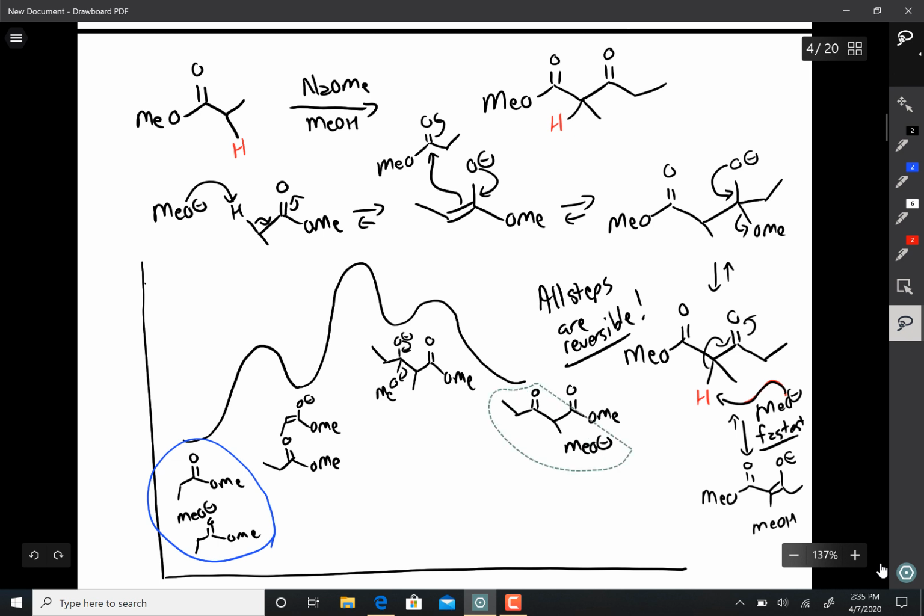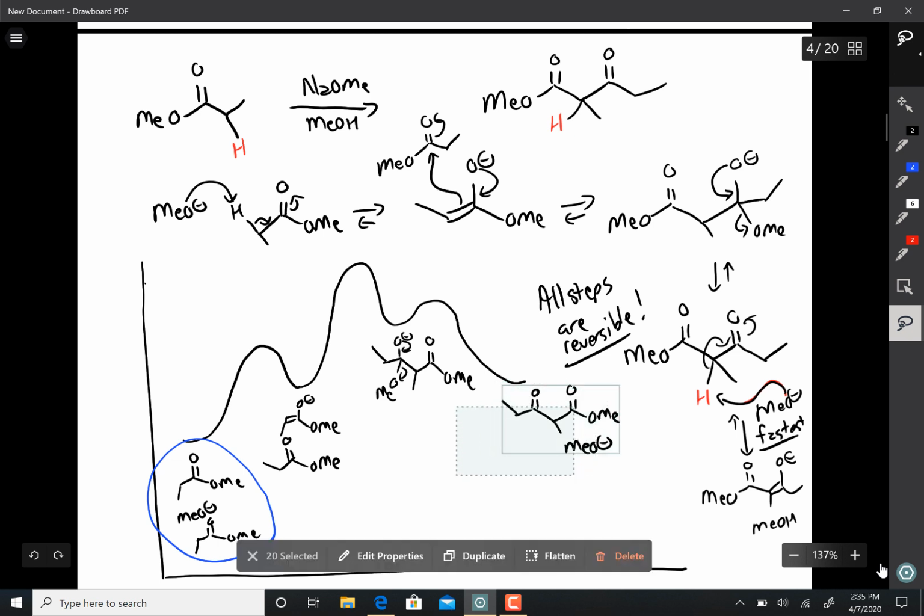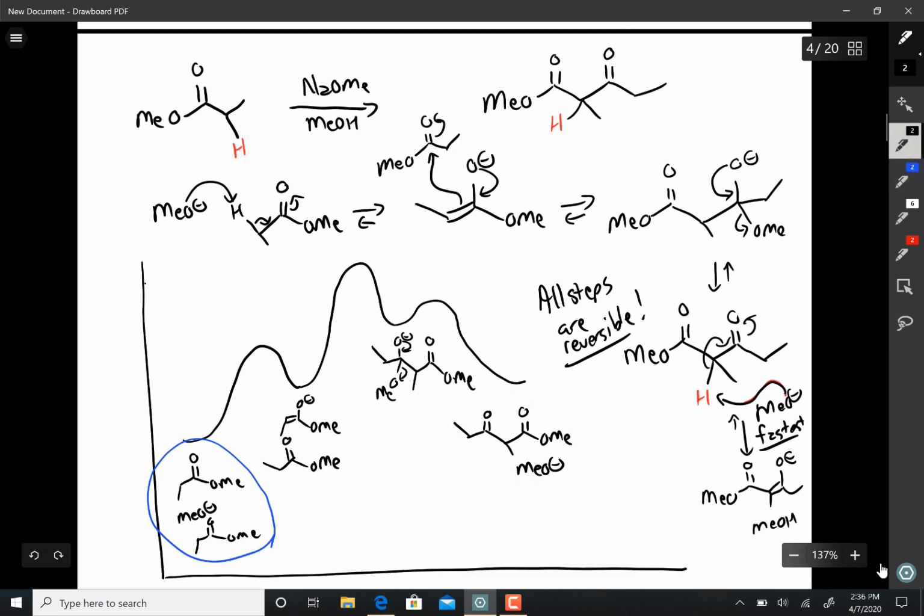So let's spin this guy over just a bit. We have a very small activation barrier. And it goes down to here. Now what we have is the lowest point in the reaction is over here.